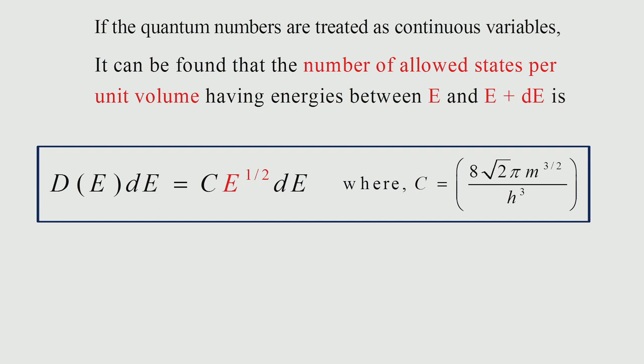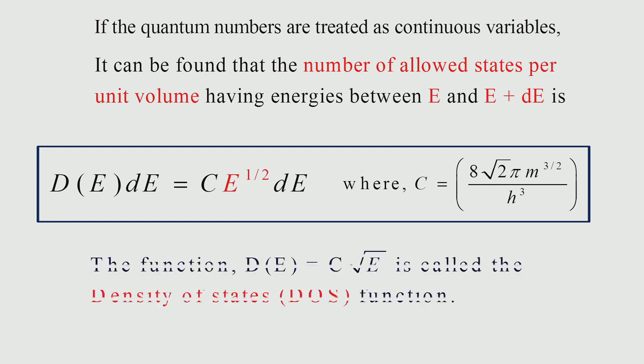We can derive all this. So this function, C root E, is called the density of states function.